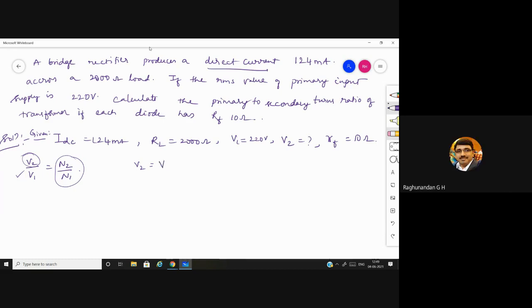It will be in terms of VRMS only, right? The secondary part of the transformer will be still in VRMS only. So V2 means VRMS, we need to find VRMS of the secondary. In order to find this, do we have any formula?